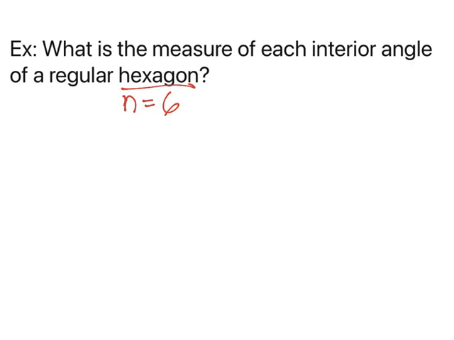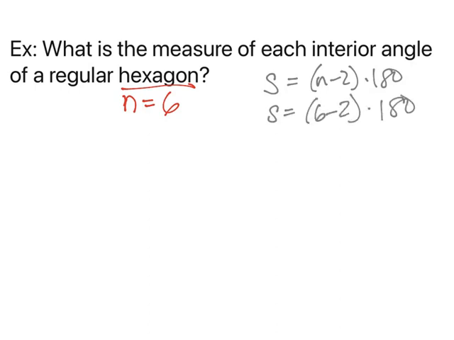Great. What can I do when I know n is 6? Well, again, we know that the sum of all of the angles is n minus 2 times 180. So if I plug that in, 6 minus 2 times 180. 6 minus 2 is 4. 4 times 180 is 720 degrees. That is the sum of all of the angles.